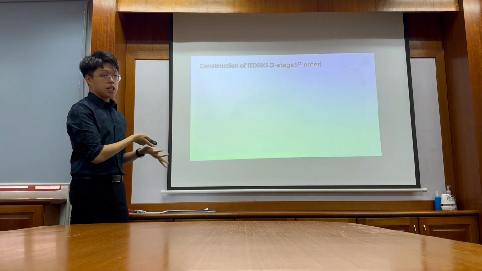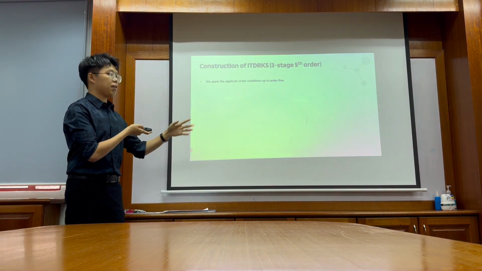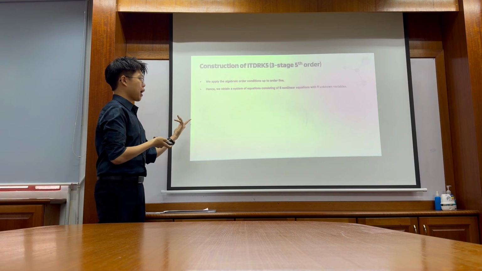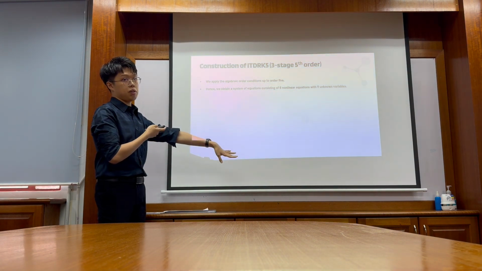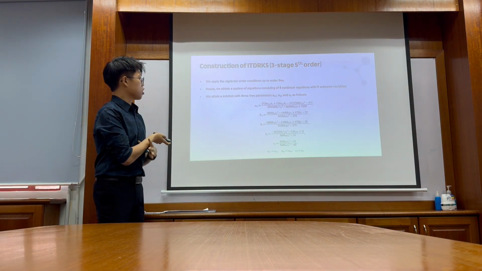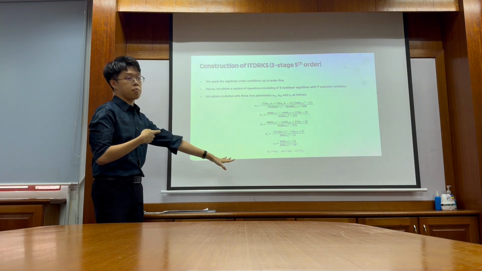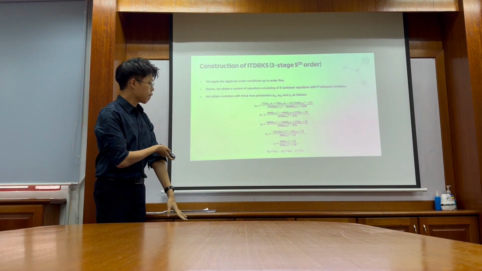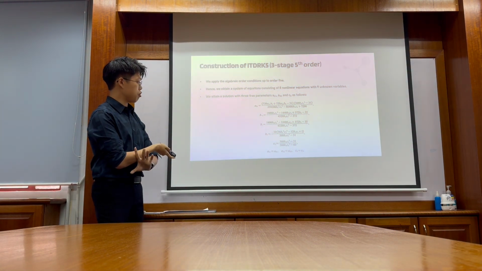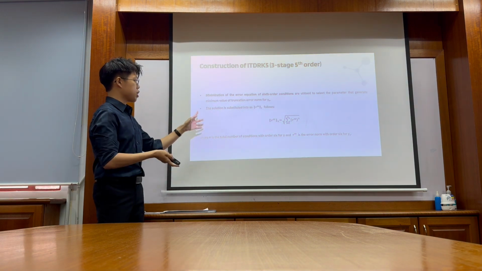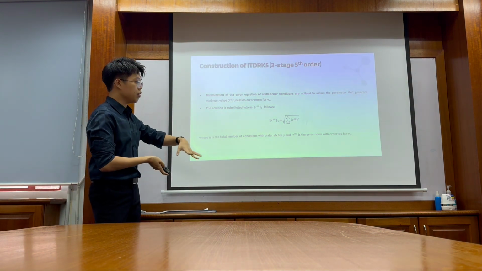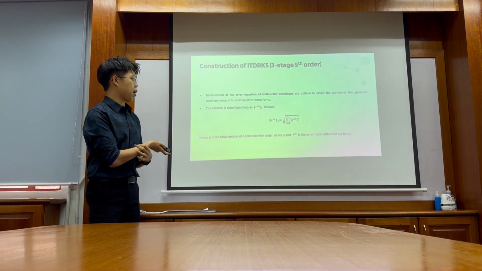Similarly for 3-stage 5th order, we will use conditions up until order 5, and then we get a system of 5 nonlinear equations with 9 variables. Then we can get a solution with 3 free parameters actually: A31, A32, and C3. It's a similar approach. We minimize the error equation of 6th order to select the correct parameters.